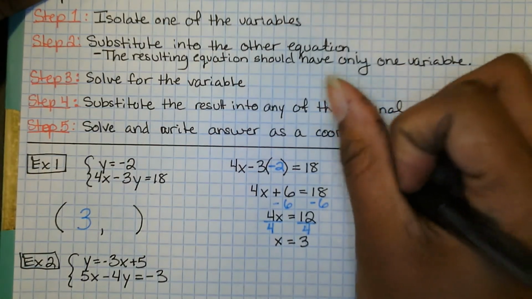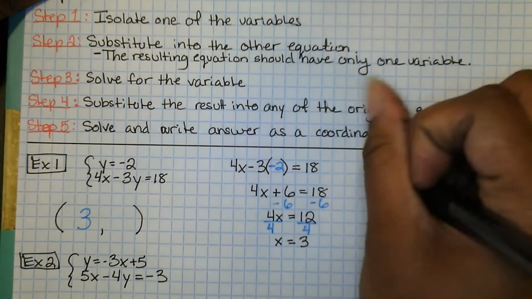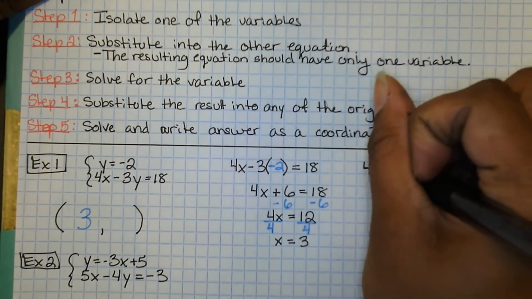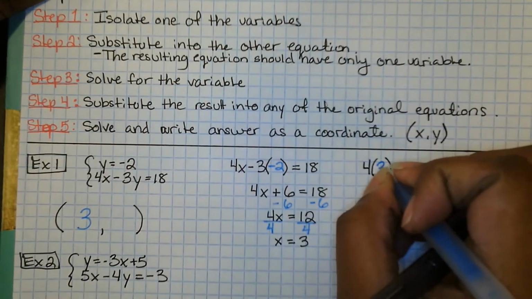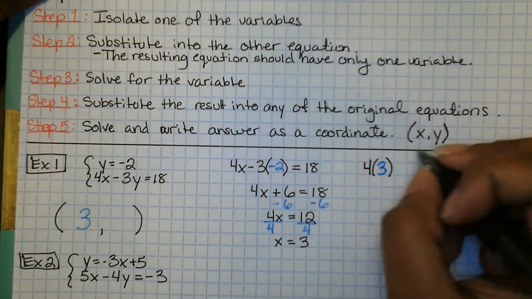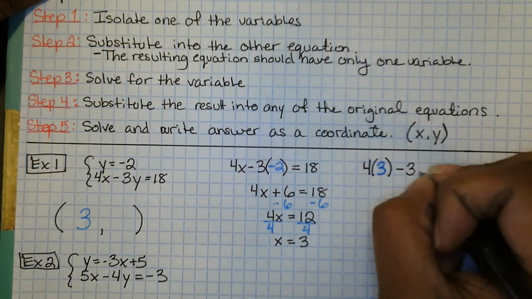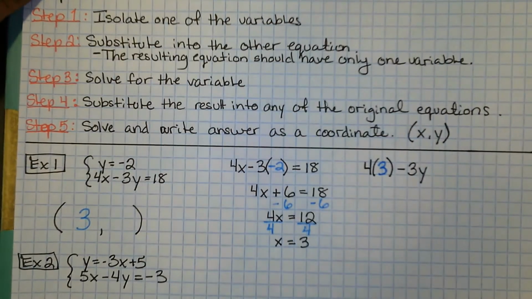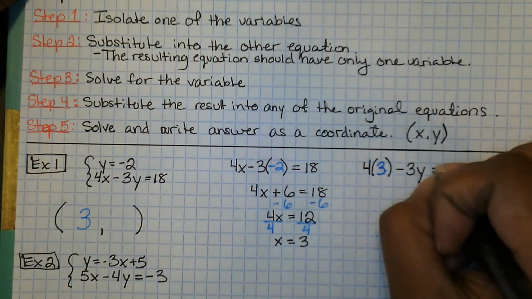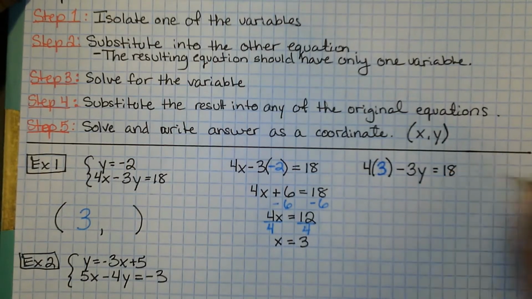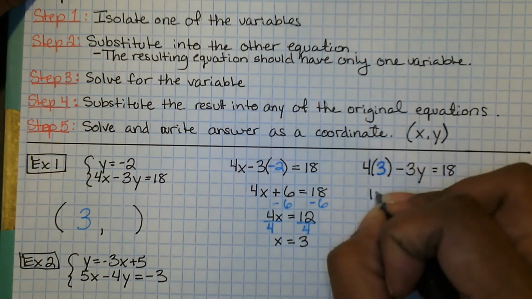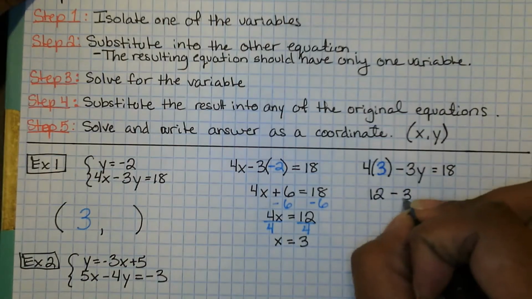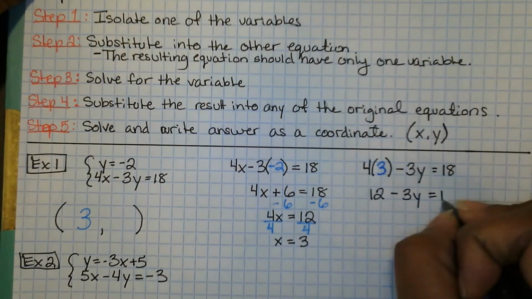Okay, so 4, but instead of x, I'm going to open up parentheses and substitute in 3, minus 3y. And it's okay that the y is still there because at this point, that's what we're solving for. Okay, and then just like before, we just go ahead and evaluate. 4 times 3 is 12 minus 3y equals 18.